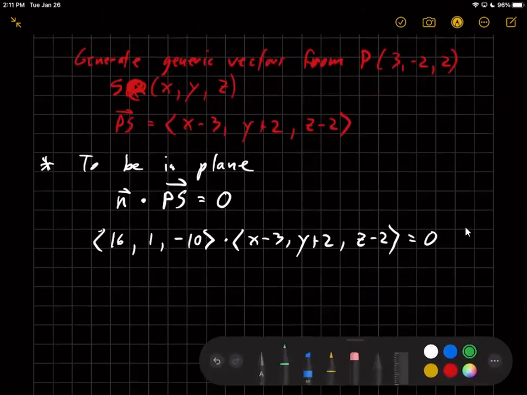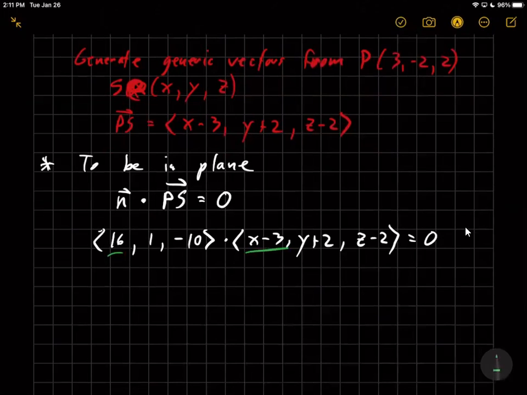Now this is a dot product. So I will multiply the x times the x, the y times the y, and the z times the z.